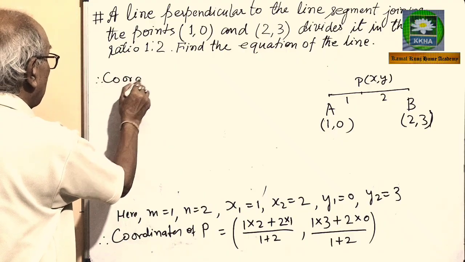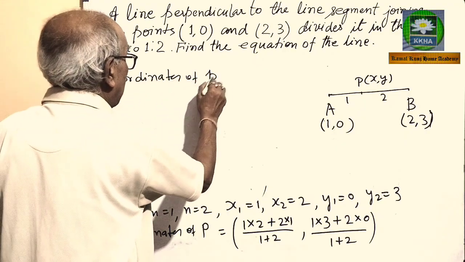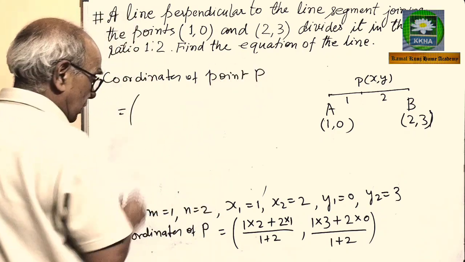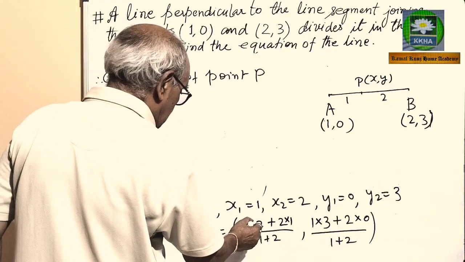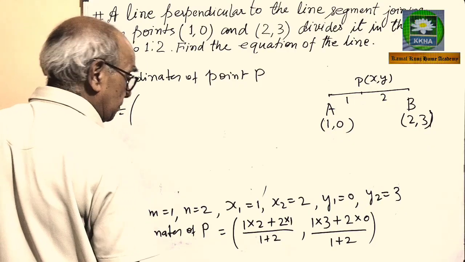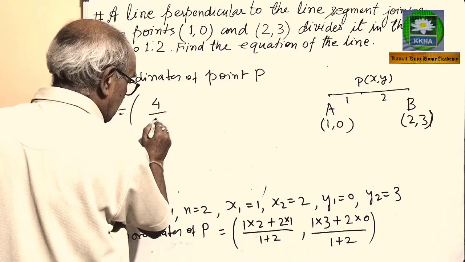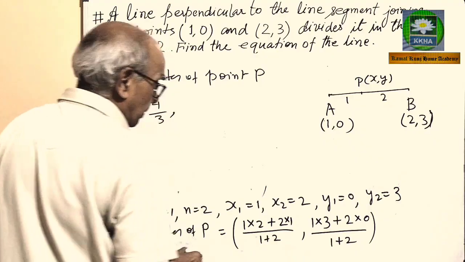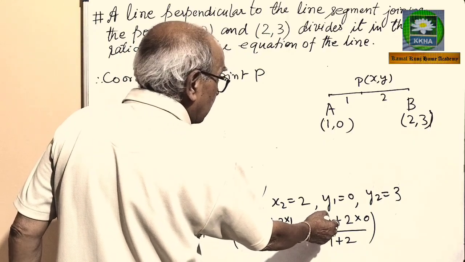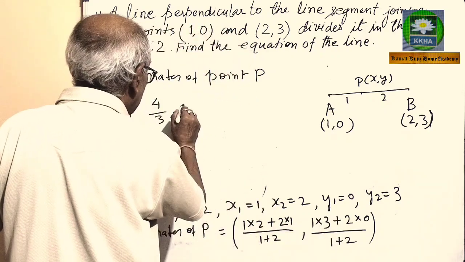So the coordinates of P equal 2 plus 2, which is 4, upon 3, and 3 upon 3 means 1.